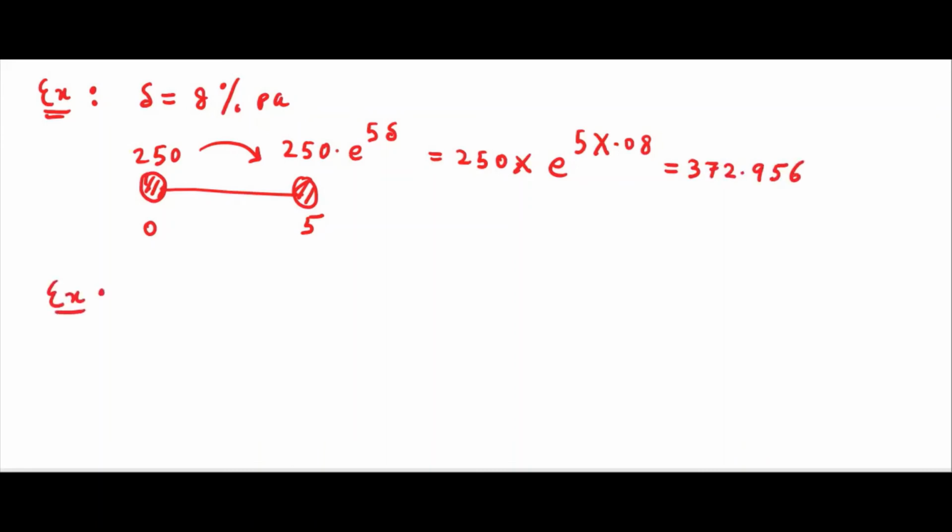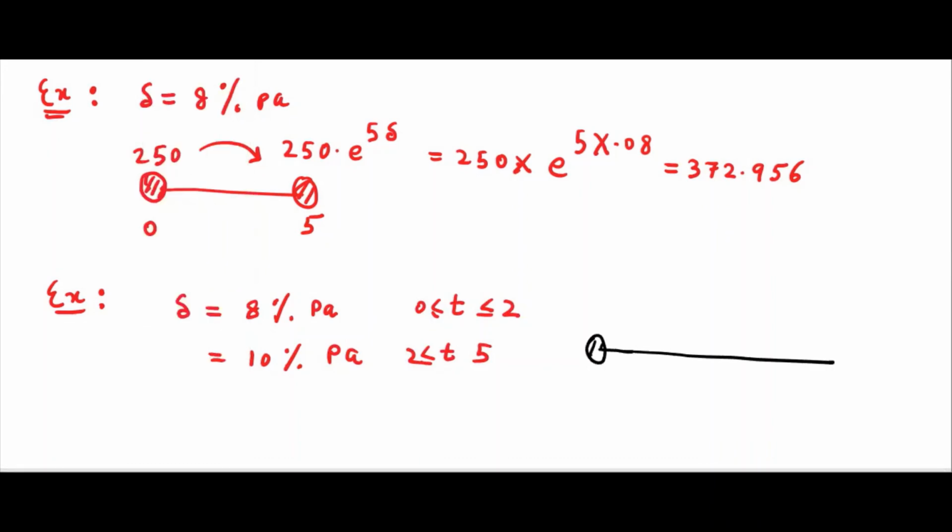Suppose two types of delta are there. It's 8% and then 10%. Delta is 8% for the first 2 years, 8% per annum. You can write from t 0 to 2. And then from 2 to 5, it's 10% per annum. Then how can you find the accumulated value? This is 0, 2 here, 5 here.